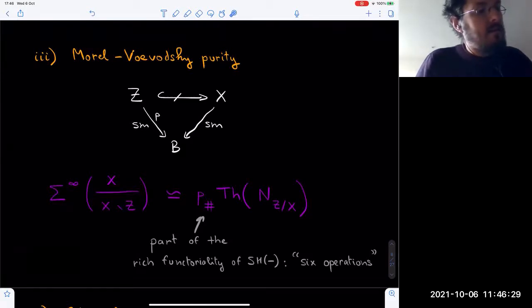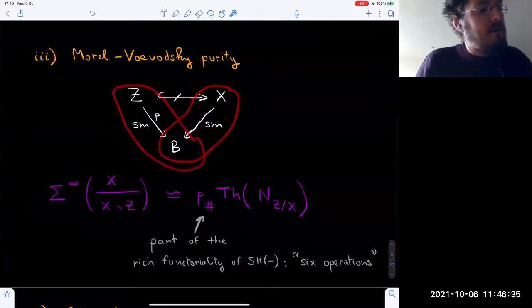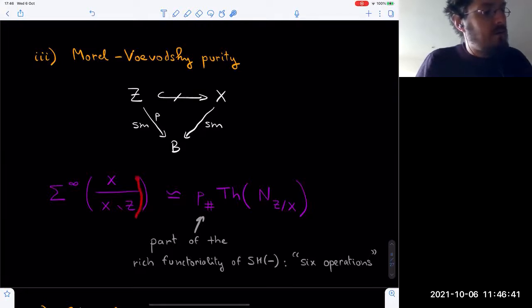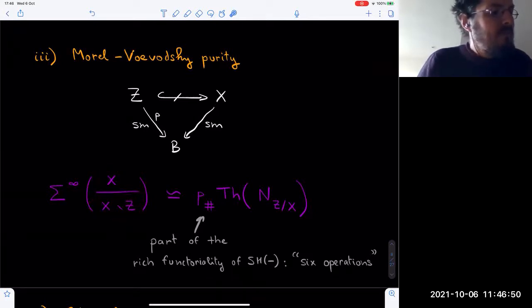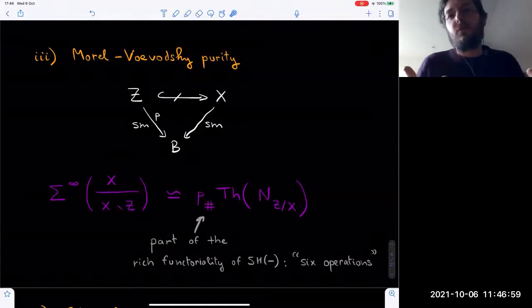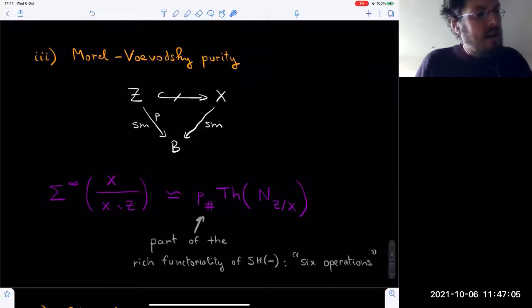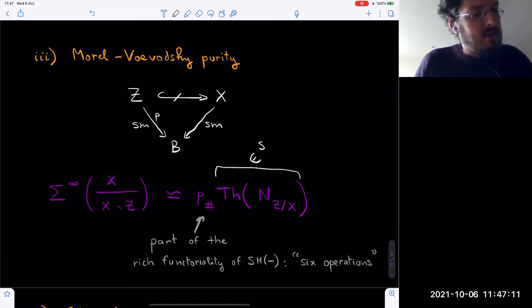So this tells you the following: if you have two smooth B-schemes, and a closed embedding from one into the other, then you can do something very similar to what we did for the Thom space, but instead now we're using X and the complement of Z in X. So if X was a vector bundle and Z was its zero section, this would be a Thom space. And what Morel-Voevodsky tell you is that this is in fact always a Thom space, namely the Thom space of the normal bundle.